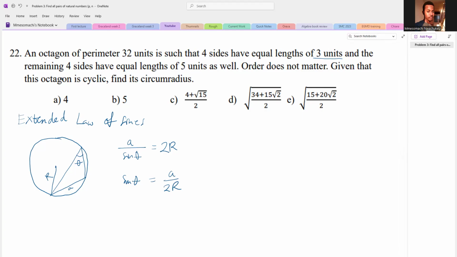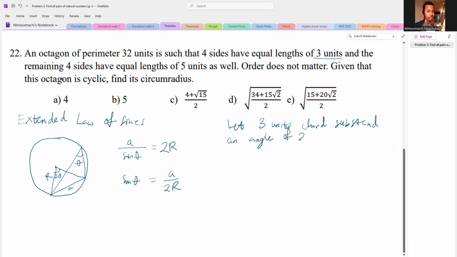But now, can we find those angles? We can consider the angle at the center, in this case 2 theta. So if we consider the angle at the center, we'll see that the 3 units chord subtends an angle of 2 theta at the center.